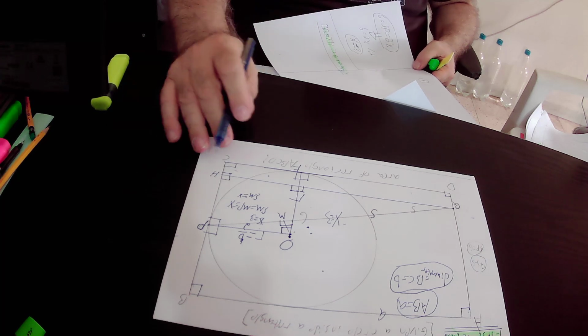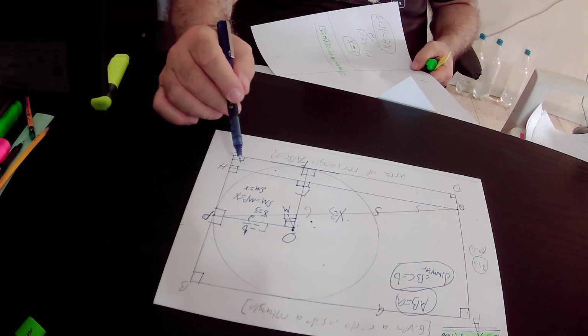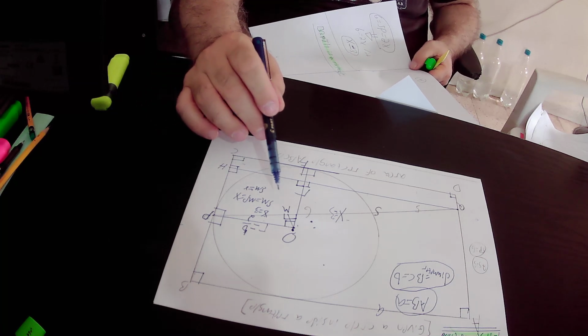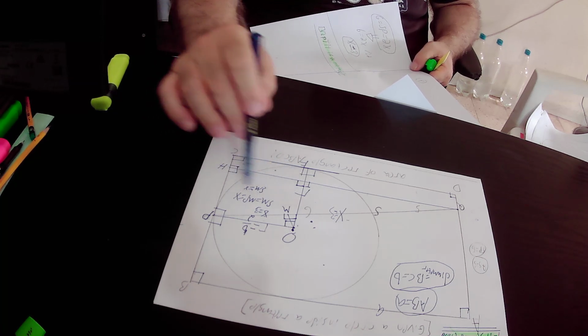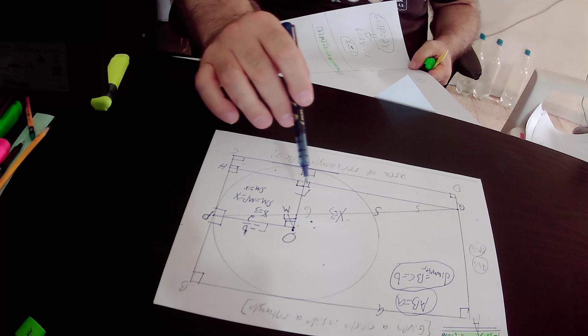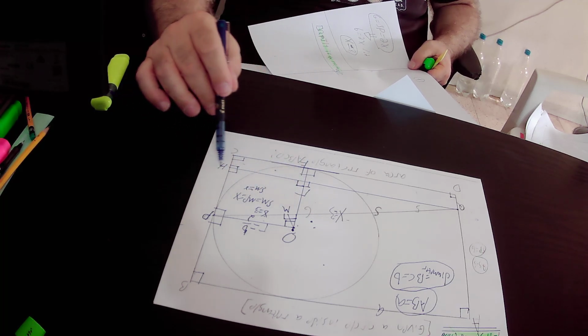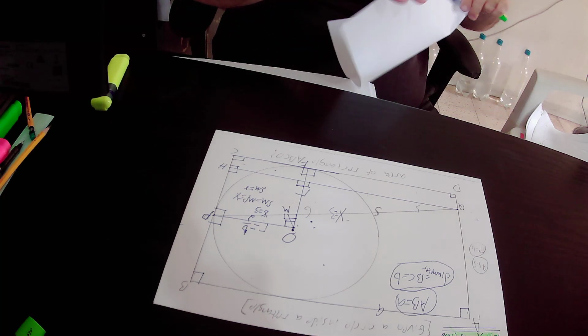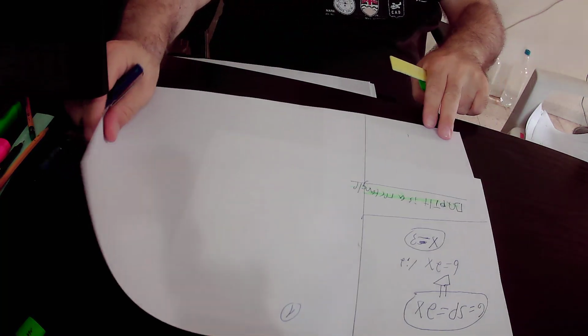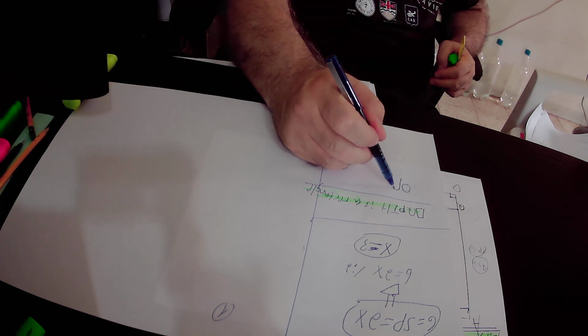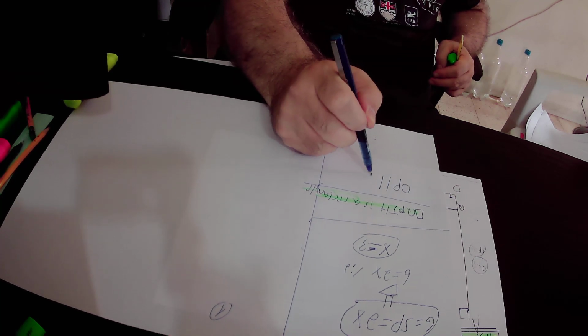So the opposite sides of rectangle QPTH are parallel to each other. That is to say, side QP is parallel to side TH. Side QP is parallel to side TH.